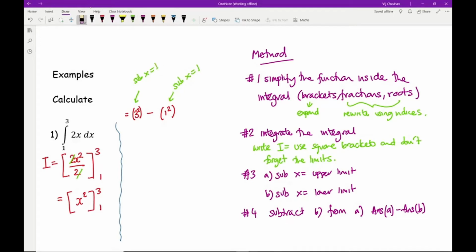Let me make that 3 a little bit neater. Then all I need to do is simplify, and step 5 is then calculate. So it's going to be 9 take away 1, so the final answer is going to be 8.